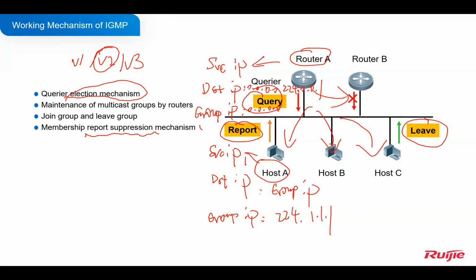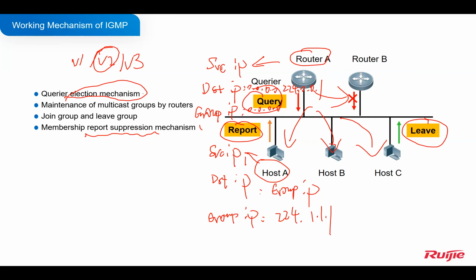At the beginning, router A and router B will send the query packet to our host, but router A can receive the packet from router B, and router B can also receive the packet from router A. So router A and router B will compare with each other to elect one router to become the querier, so that not every router has to send query packets. So this is the querier election mechanism.